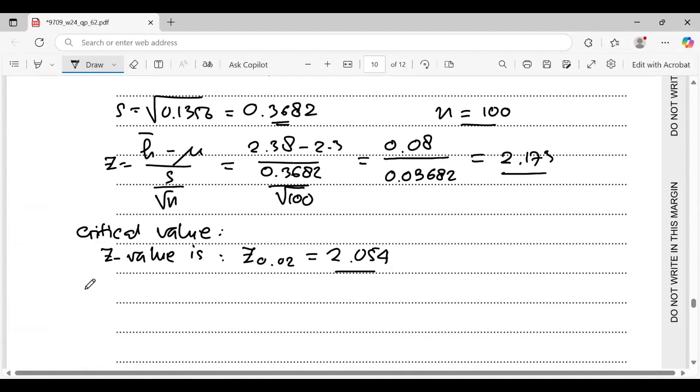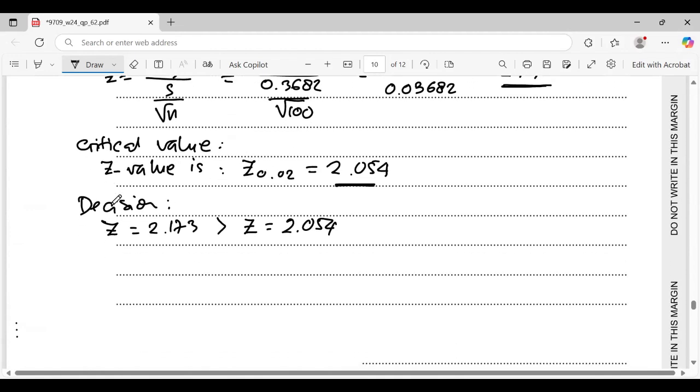So the decision: Z equals 2.173 is greater than the critical value 2.054. This number is greater than this number.